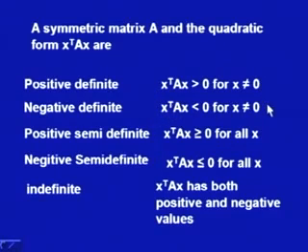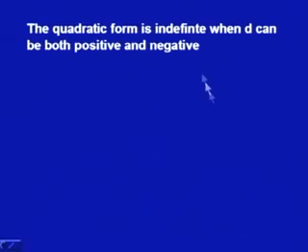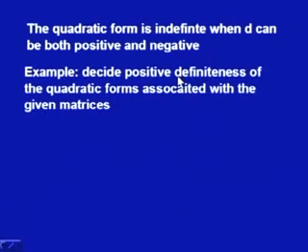Positive semi-definite or negative semi-definite when we have these expressions, and if the sign cannot be determined, then it may be indefinite. The quadratic form is indefinite when it can be both positive and negative, and can take any value.